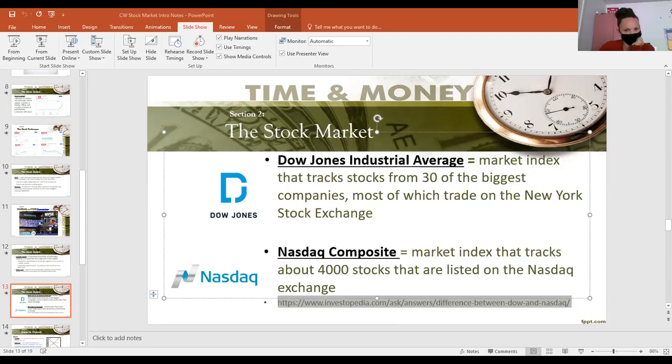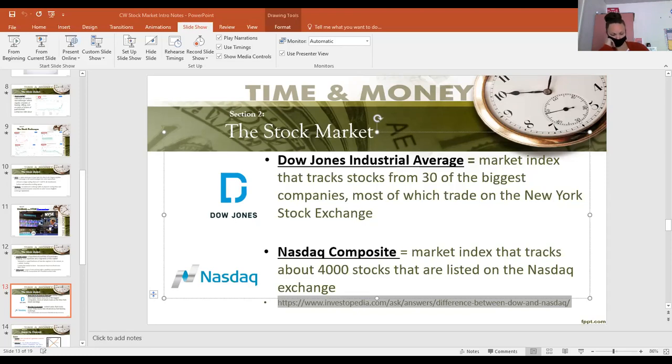What's the difference between the Dow and the NASDAQ? The way people throw around the words Dow and NASDAQ makes them seem synonymous with the market, but there are important differences. The Dow refers to the Dow Jones Industrial Average, which is a key index that indicates how the stock market is performing. The NASDAQ can refer to the National Association of Securities Dealers Automated Quotation System, which is a global electronic marketplace where investors buy and sell securities.